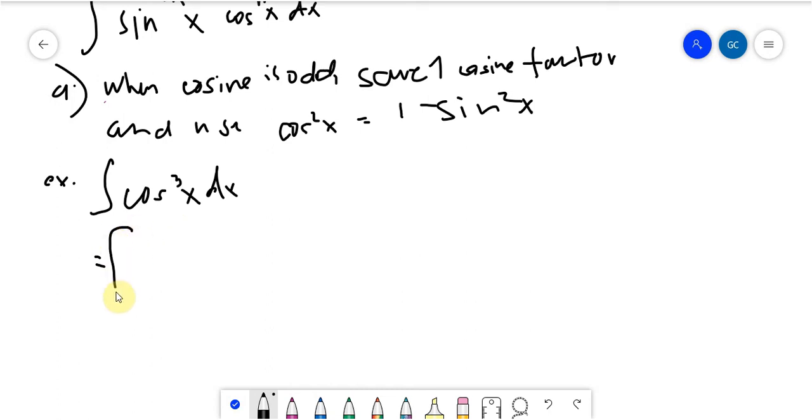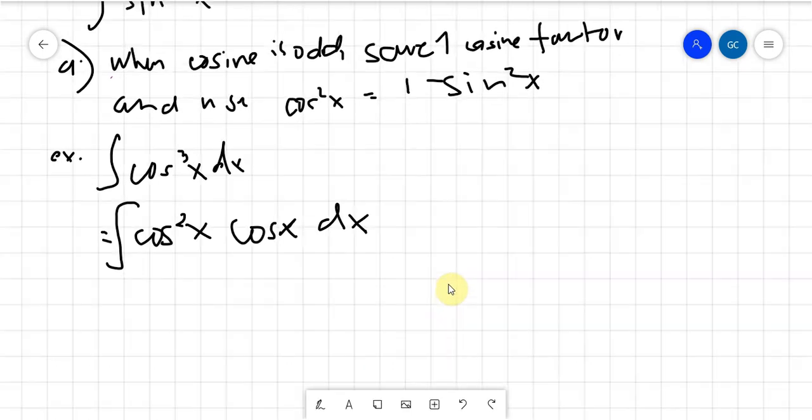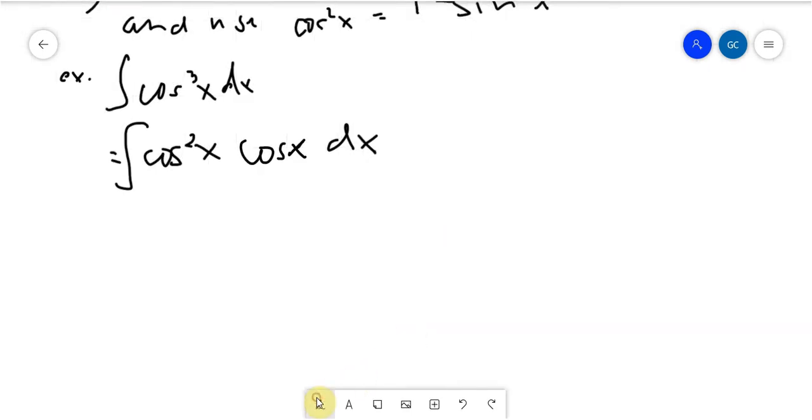So we will rewrite this as cosine squared x times cosine x dx, and use cosine squared x is equal to 1 minus sine squared x to express the remaining factors in terms of sine.